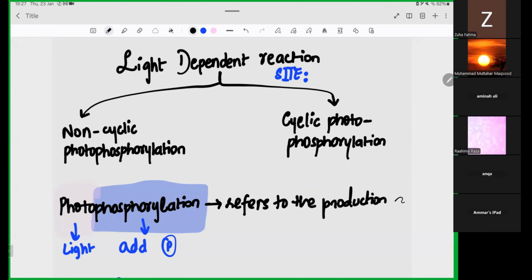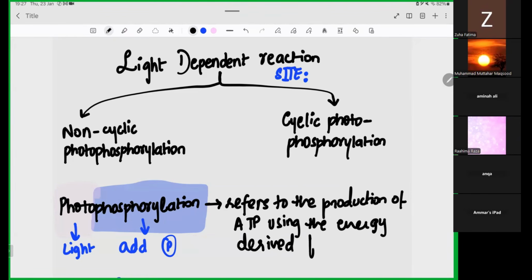So it refers to the production of ATP using the energy derived from light. Yes, absolutely, Ahmed. In this case, adding inorganic phosphate using the energy from light.